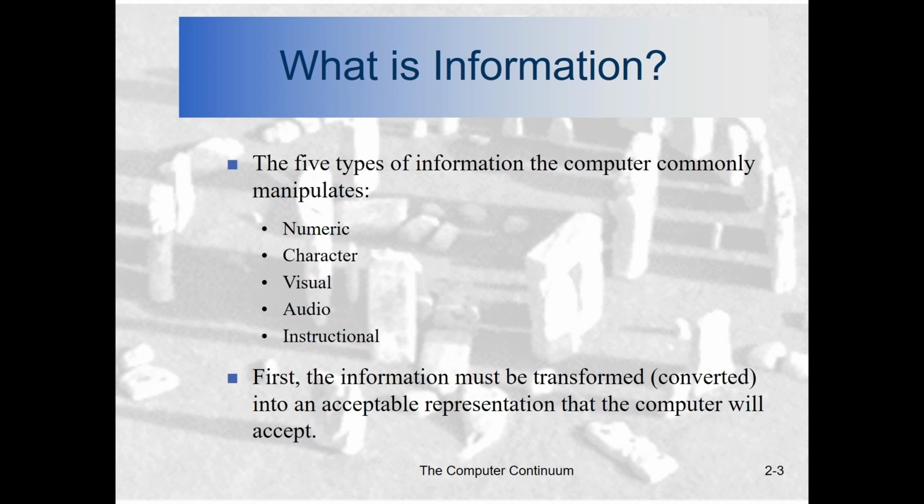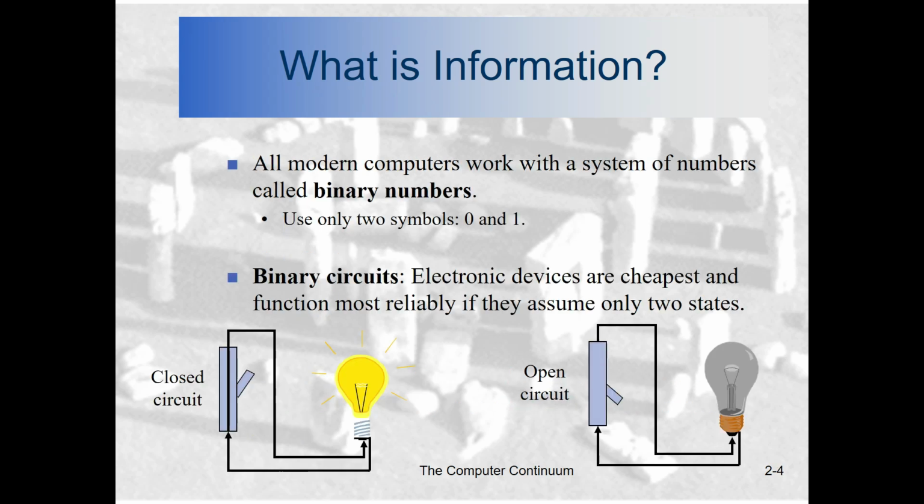First, the information must be transformed, converted into an acceptable representation that computers will accept. That acceptable representation is binary, zeros and ones, okay? All modern computers work with a system of numbers called binary numbers, as we talked about in the previous lecture as well.